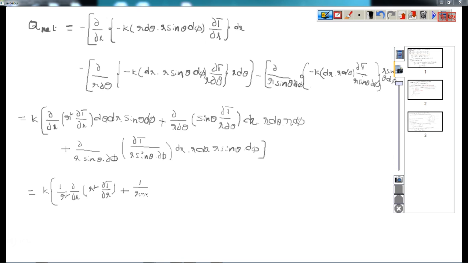The second one, 1 by r square sin theta.